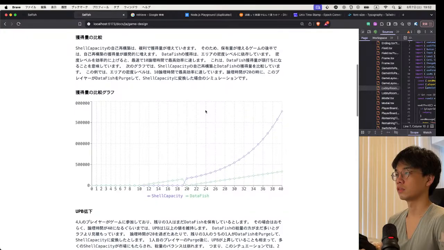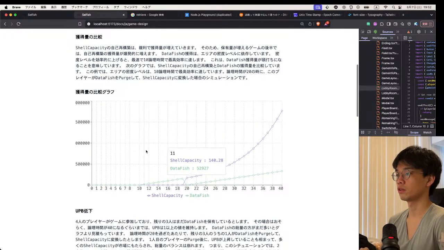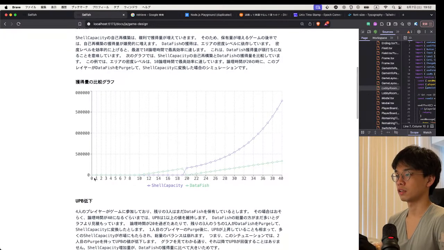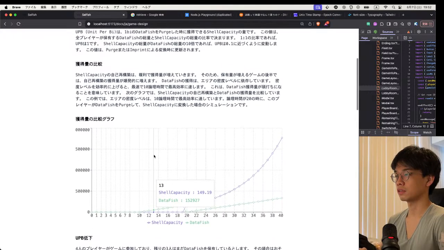Also there is a time concept which is called logical time, and this x-axis is logical time.